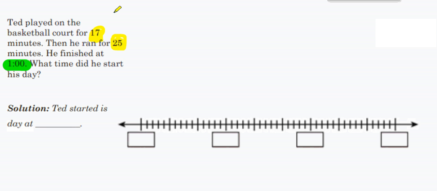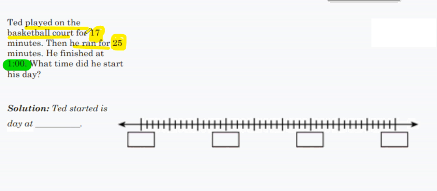So when I look at the clock, I know that Ted was very active that morning, that day, right? He played on the basketball court, and then he ran.